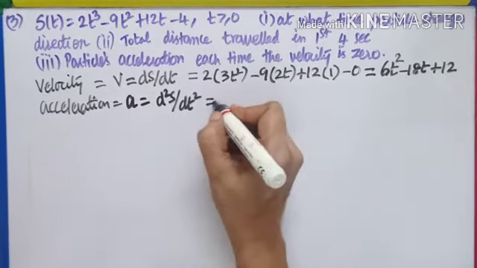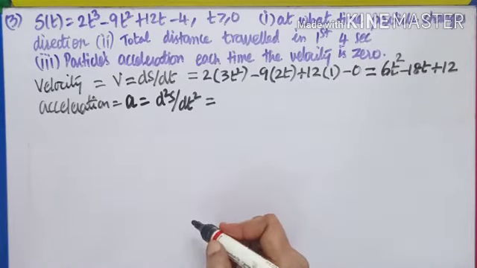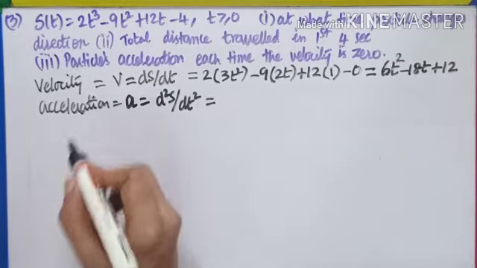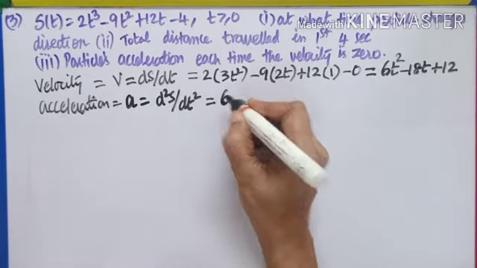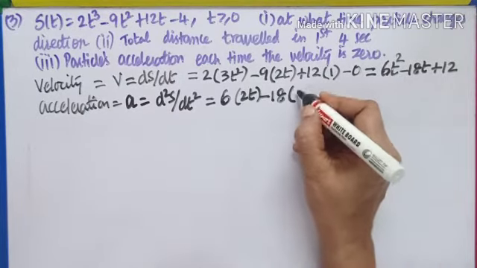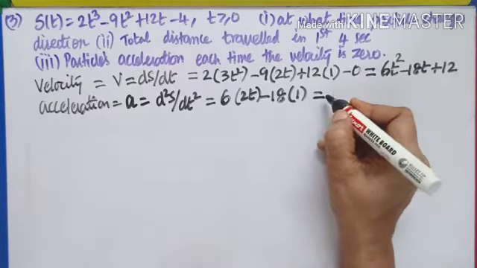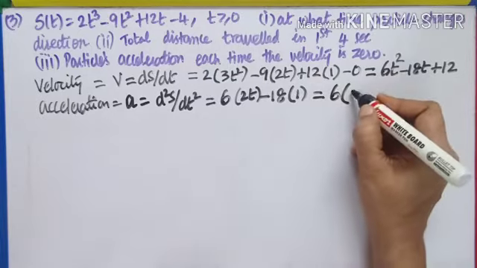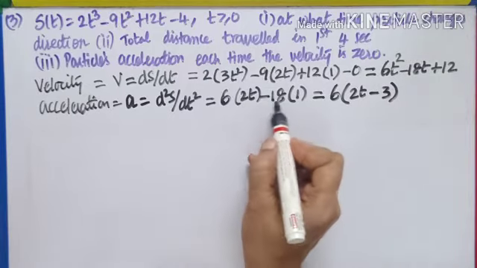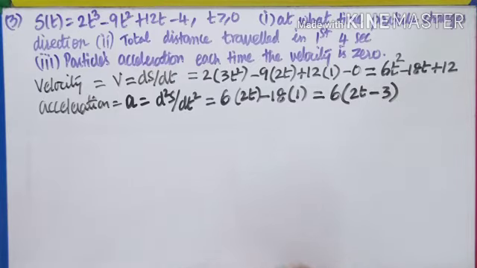When I say acceleration, this derivative once again I have to differentiate, because first derivative gives me velocity, second derivative gives me acceleration. 6 as it is, t square will become 2t, minus 18 as it is, t will become 1, 12 is a constant will become 0. So we get 6 is common in both. So I get 2t minus 3. 6 I have taken, it is 2t minus 3. This is acceleration which we will use in the latter steps.